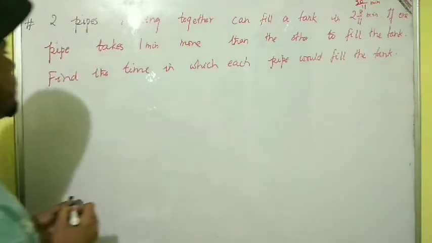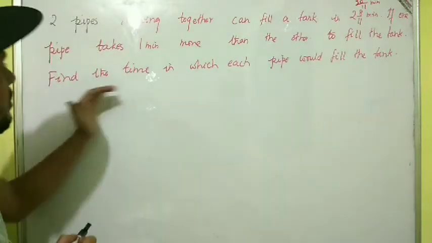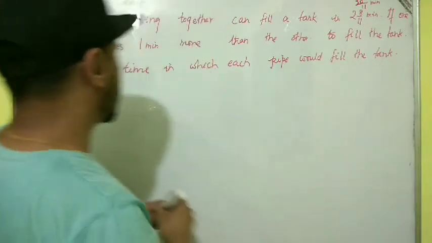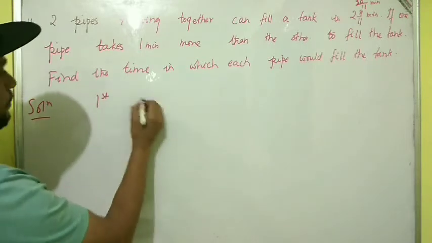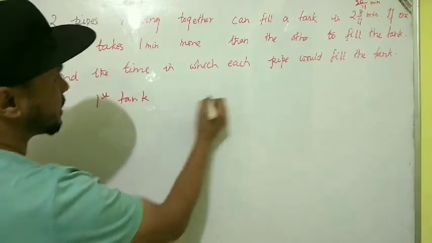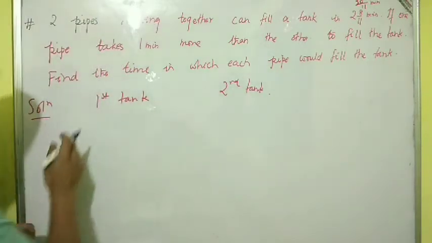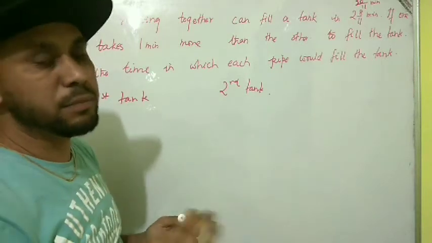If one pipe takes 1 minute more than the other to fill the tank, find the time in which each pipe would fill the tank. Solution. Here we have two pipes, first pipe and second pipe. If two pipes running together, they'll fill the tank in 30 by 11 minutes.